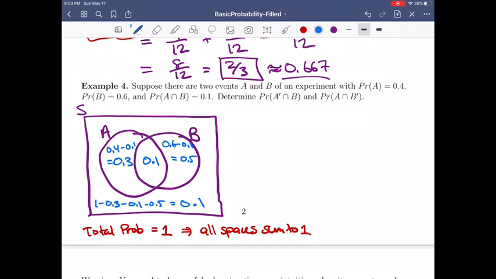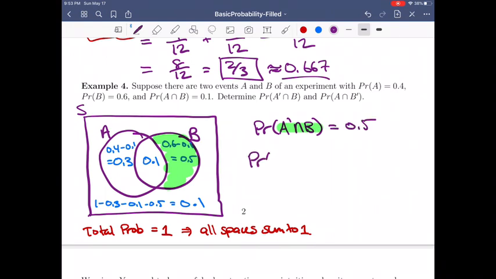Now it's easier to compute these probabilities. For A complement intersect B, we just have to go back to our Venn diagram knowledge. You're not in A, and you're in B, so that's going to be this space here. We just said that probability is 0.5.